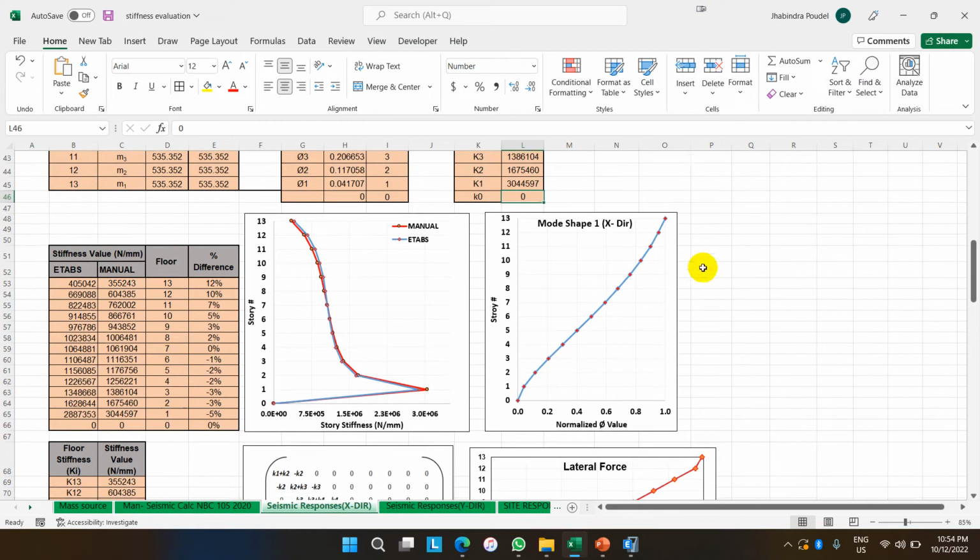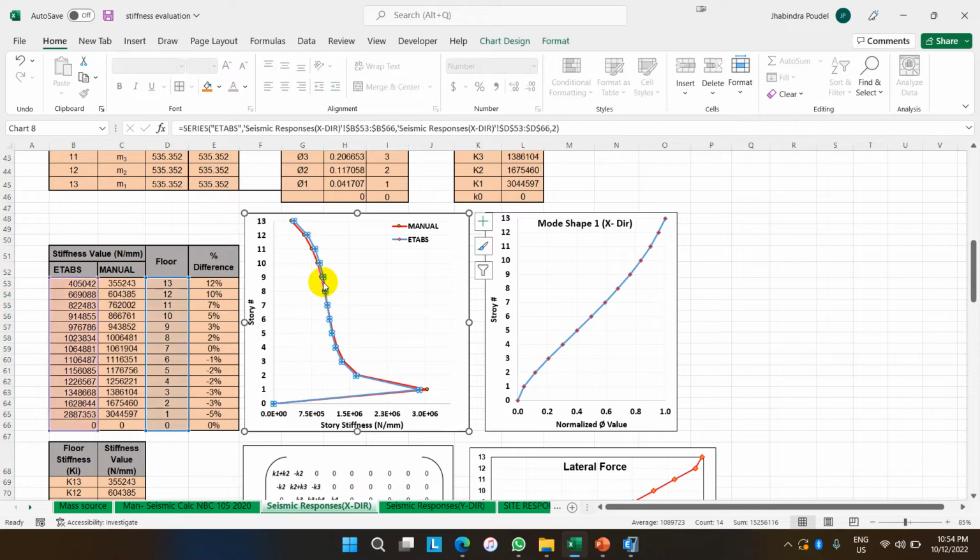If we paste the values in the graph here, these are the story stiffness values obtained from ETABS, and this column has the values summarized from the manual calculation, and the plot of this story stiffness is here. The red plot shows the manual calculation of story stiffness, and the blue one shows the ETABS calculation.